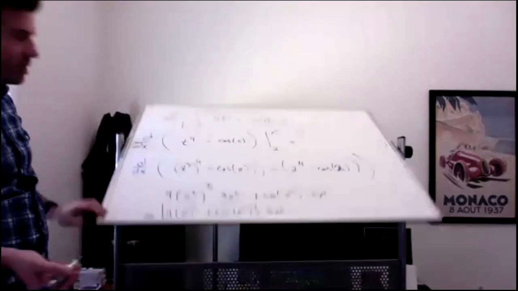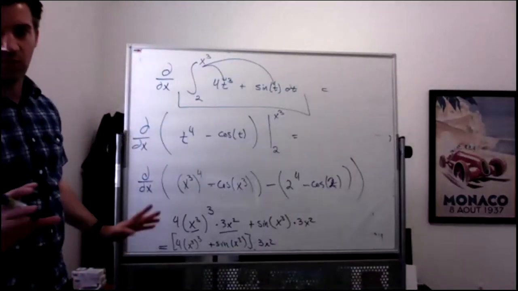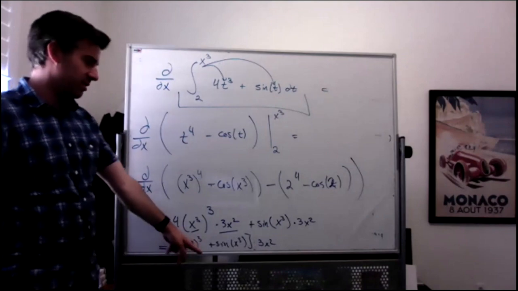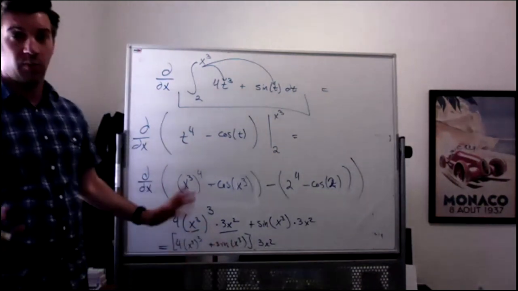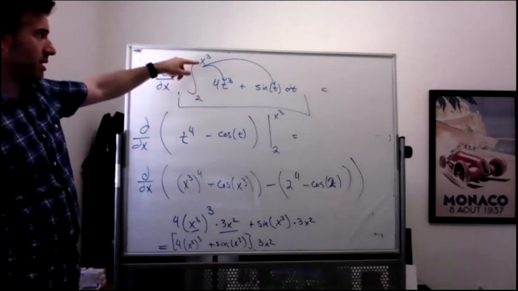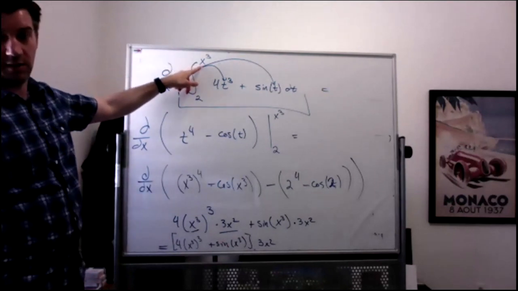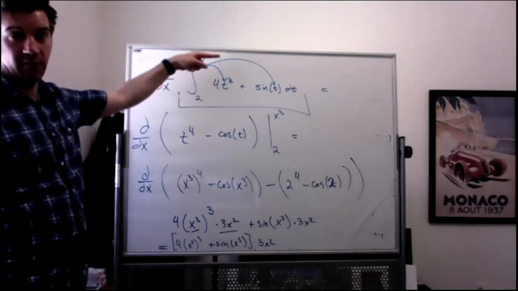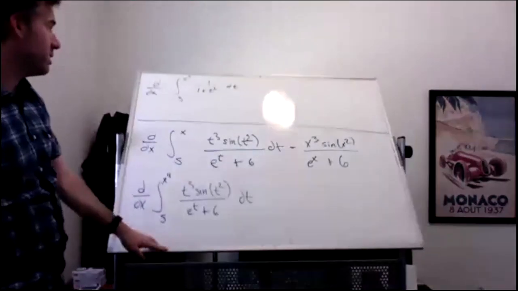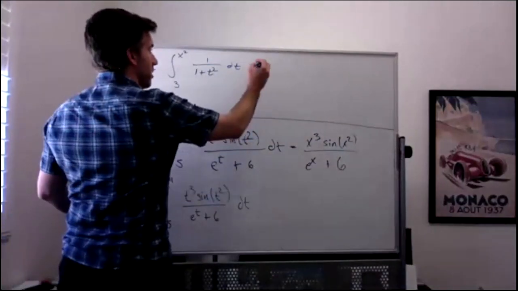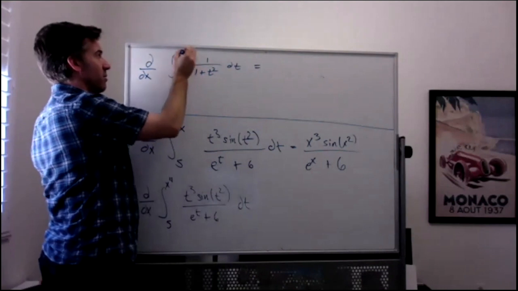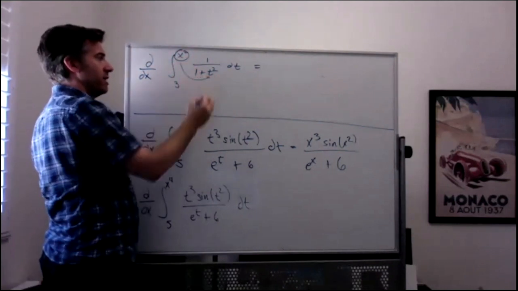Again, you could simplify it. I don't want us to worry about simplifying these. But the real point here is if you're differentiating an integral like this, where the upper limit is some function of x, you plug that into the t's and you multiply by the derivative of that. So in this case, although I could antidifferentiate this, I know that I'm going to get the answer by plugging in x squared for my t's.